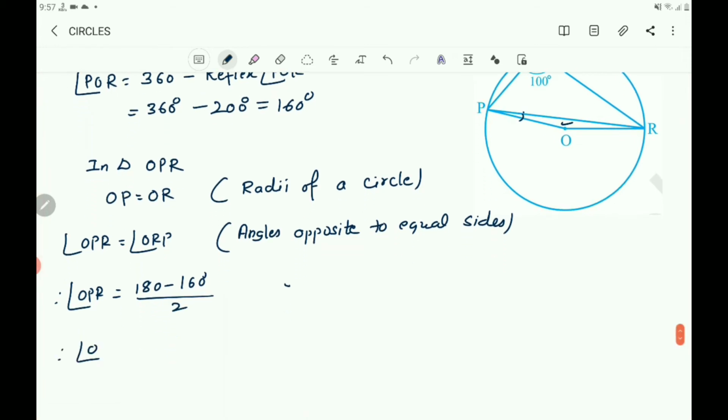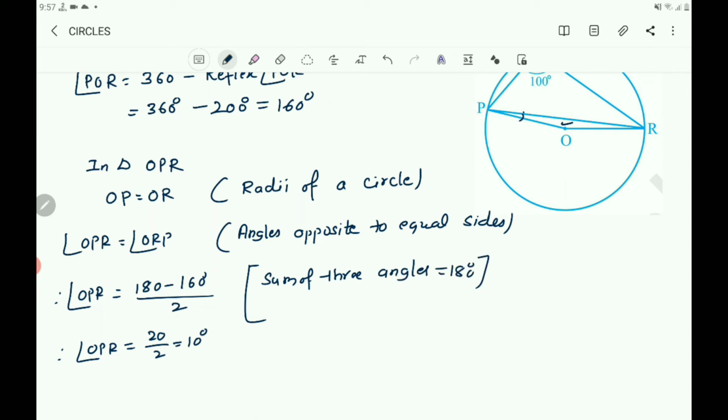So therefore you got angle OPR equals 180 minus 160 is 20, by 2, that equals 10 degree, because sum of 3 angles equals 180 degree. This is equal to 180 minus this angle POR divided by 2, because both angles are equal. So you will get that is 10 degree.